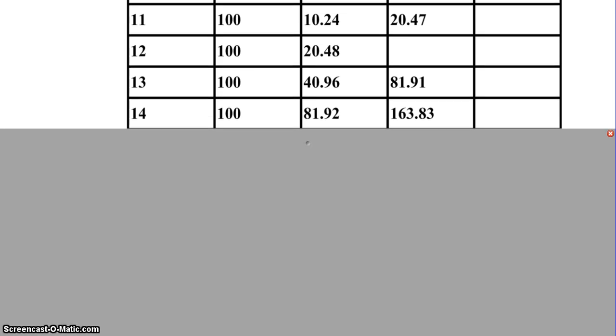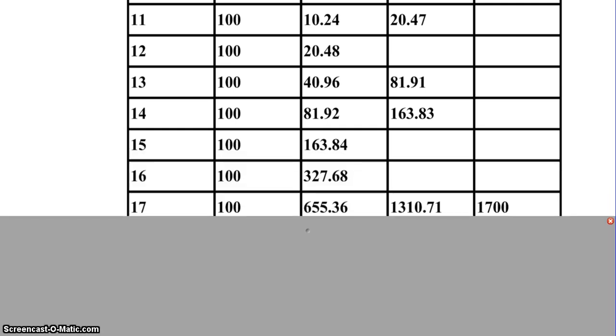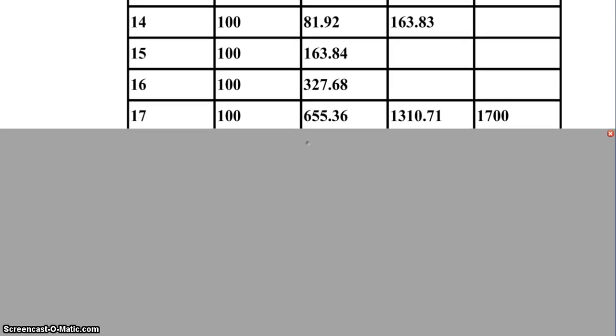So at least now, I have some money that I can maybe do something with. On the 17th day, I have $1,700 in the left column, and I have $1,310.71 in the right column. But notice that I made $655.36 that day. So now is where things are going to start to turn.